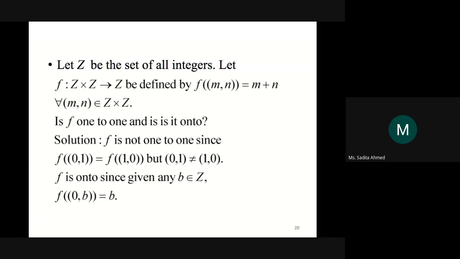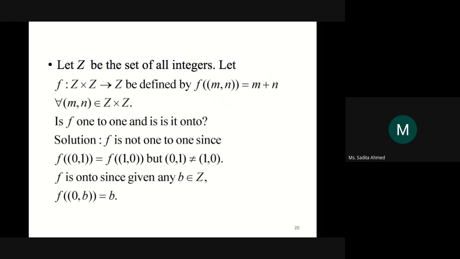Remember ordered pair from set theory? So two ordered pairs, in order for them to be equivalent, have to have the same elements in the same order, in the same exact positions. Remember? So now, in order to answer whether this function is one-to-one and whether this function is onto.